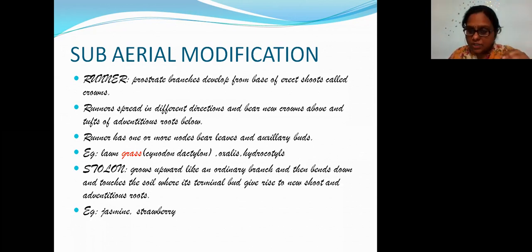The prostrate branch develops from the base of the erect shoot. What is the erect shoot called? It's called the crown. So if I shrink this, I can say that the prostrate branches develop from the crowns.